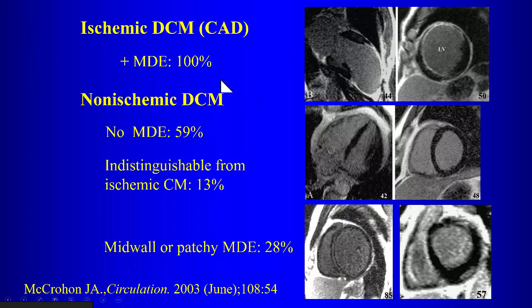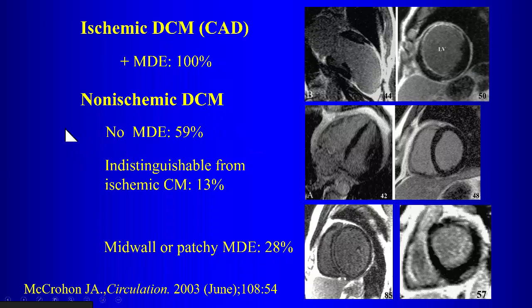They looked at what the pattern of enhancement was on MRI. All of the patients that had severe obstructive coronary artery disease demonstrated abnormal enhancement, and you can see that the abnormal enhancement was in an ischemic distribution. Okay. Now, what happens to those patients who did not have significant obstructive coronary artery disease?